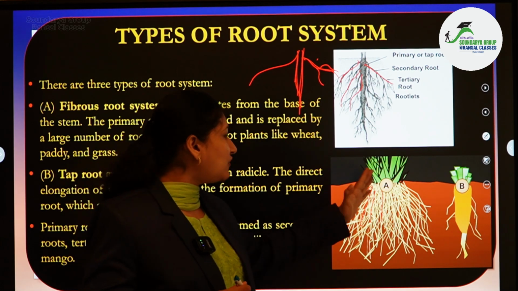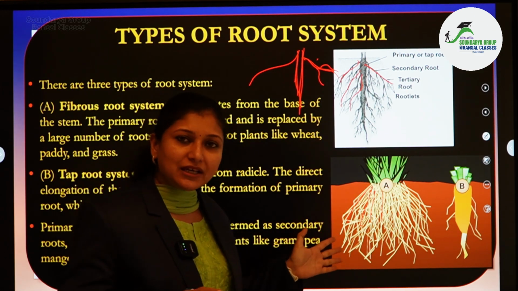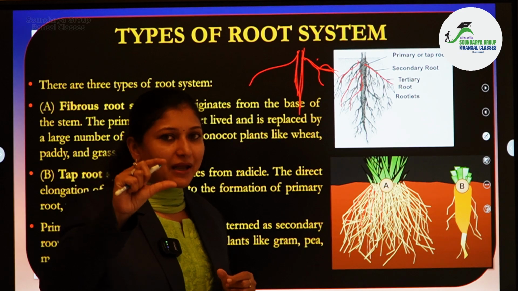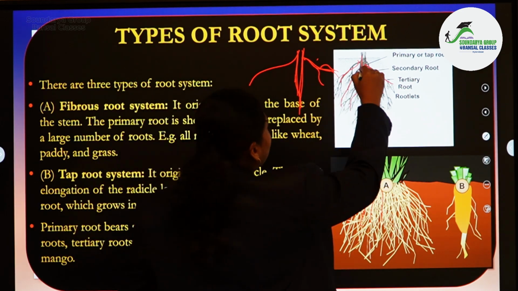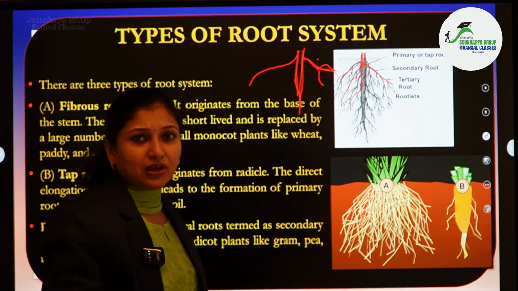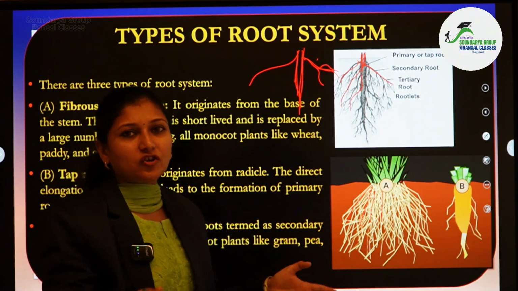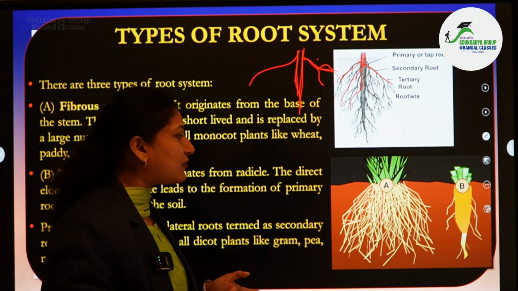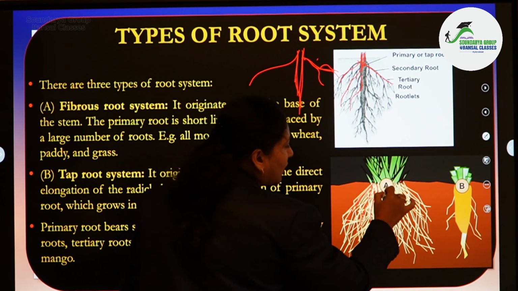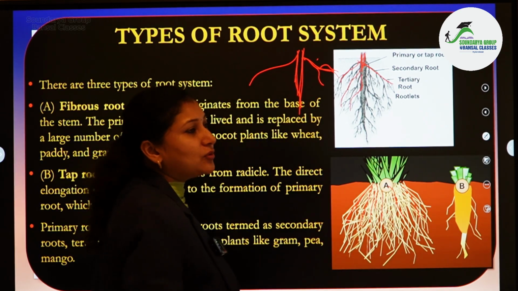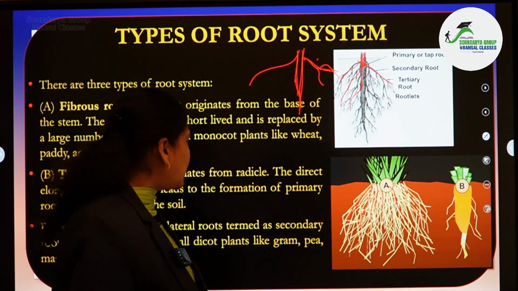So the initiation of these roots also occurs from the radicle itself. Initially the primary root is developed, and then it is short-lived, meaning it is destroyed, and it is replaced by similar roots developed from the base of the stem. This type of root system is known as the fibrous root system.